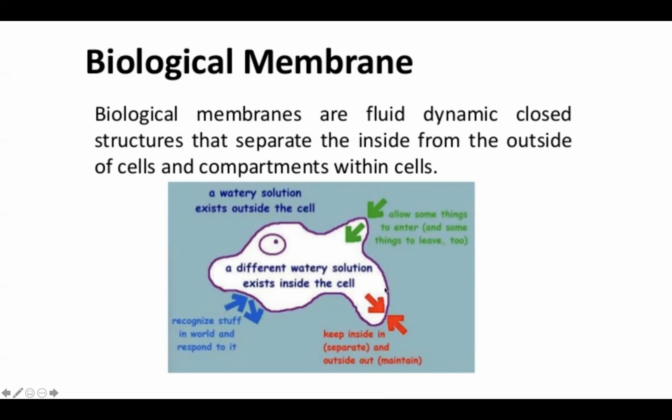This plasma membrane also functions to keep inside and separate the inside of the cell from the outside of the cell, okay? This plasma membrane functions to recognize things and respond to them, okay? And so we're also clear that inside of the cell is also a different watery solution, that cytoplasm, okay? So biological membranes are important. They have some very important jobs to do.